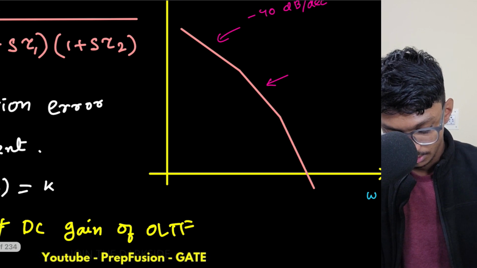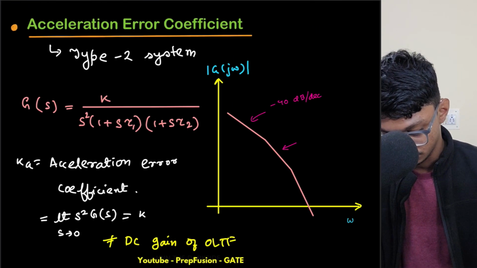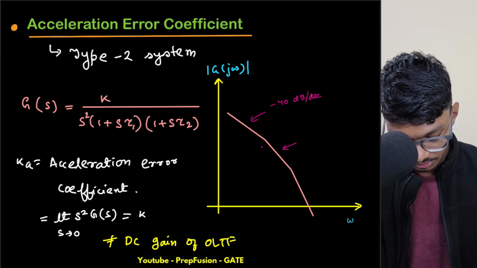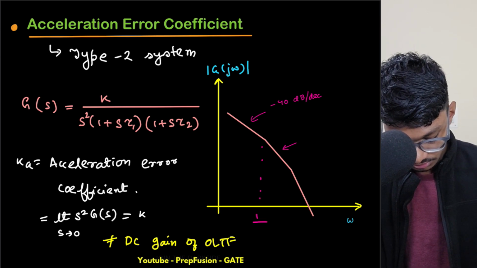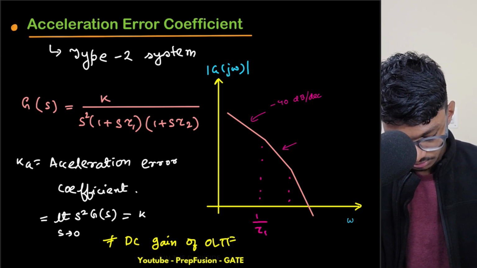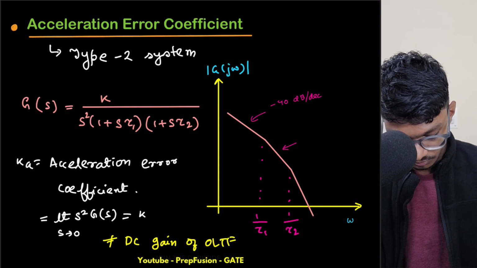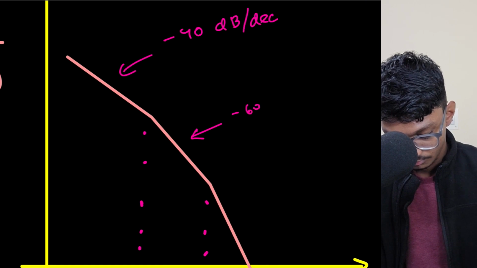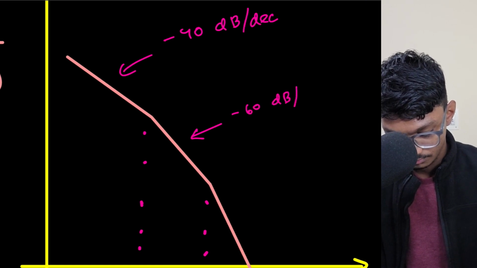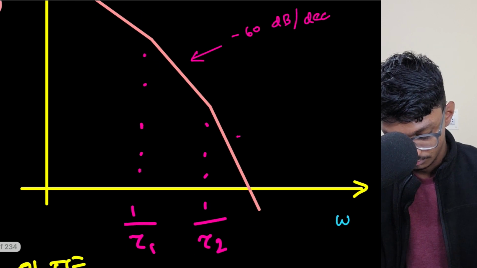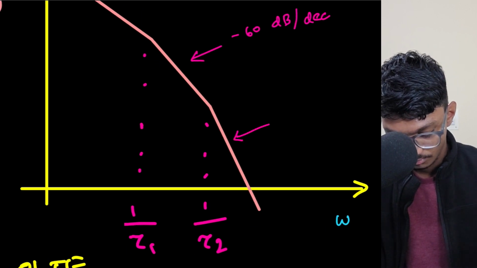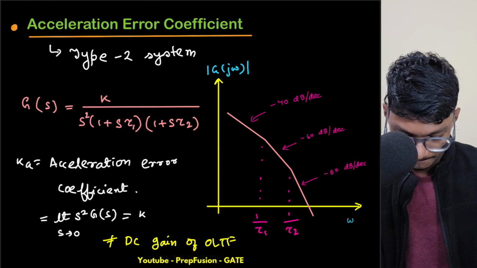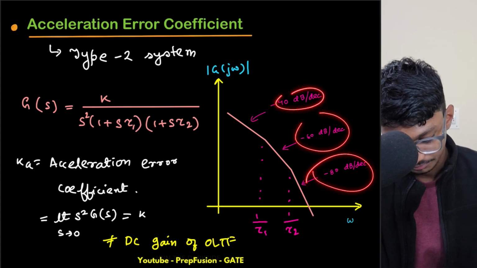Again we get another corner like a pole here, 1 by tau 2, after which the slope is minus 60 dB per decade, and then minus 80 dB per decade. So the slopes are like this.